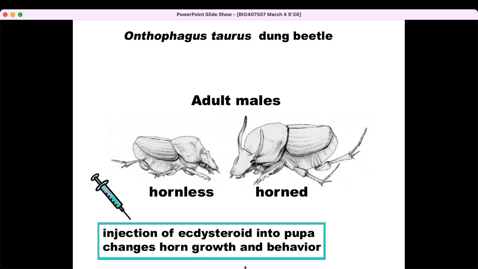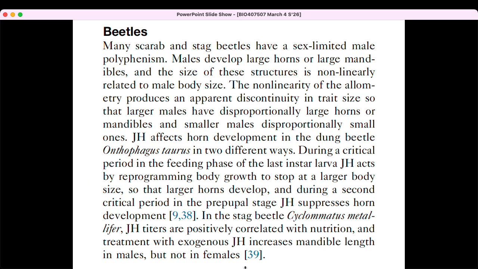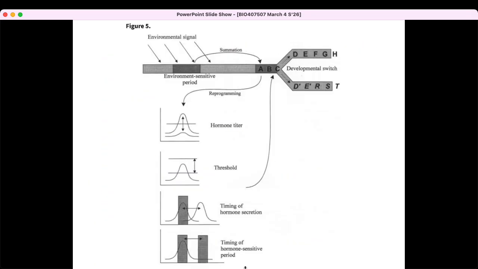By regulating the duration and level of ecdysteroid, they could turn that polyphenism of discrete changes into a reaction norm. They could get males all the way across the continuum. That was also true of the butterflies, because they're manipulating the internal pathways in the story.